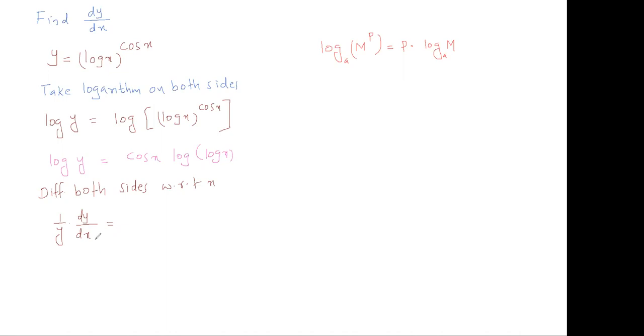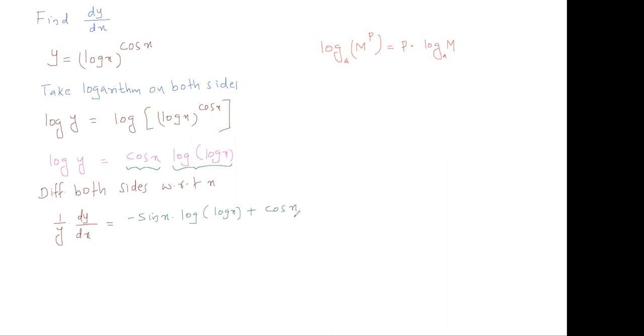it is a product of two functions. One function is cos x, another function is log x. So you have to apply the product rule. So derivative of first, the derivative of cos x is minus sin x, into second, log x, plus first into derivative of second, the derivative of log x.